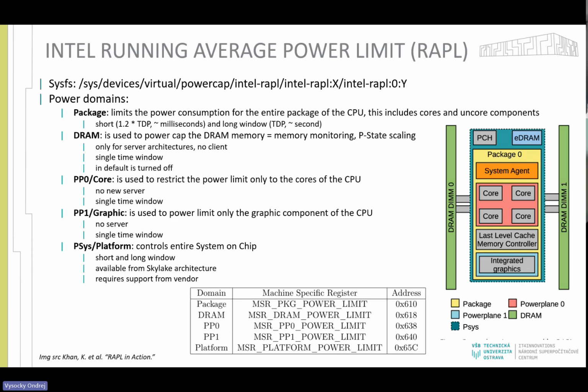On the latest CPUs, there's supposed to be also the platform power domain. Package is, as you can see in the image on the right side, the yellow box only. So it's providing power consumption of your CPU, but not the whole CPU.